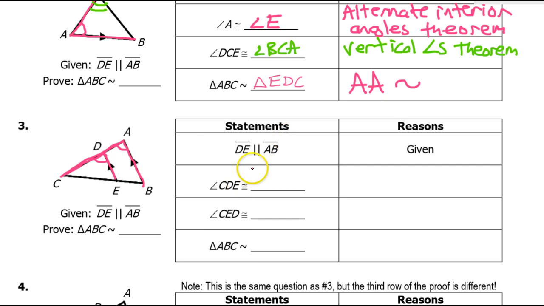So angle CDE, that's the first corner of the F, is going to be congruent to angle CAB. So angle CAB. And that is the corresponding angles postulate.